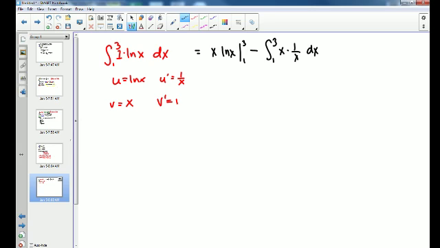It's 1 over x times x over 1, which is just 1. Right, so what's the integral of 1? Notice how I didn't evaluate this yet.